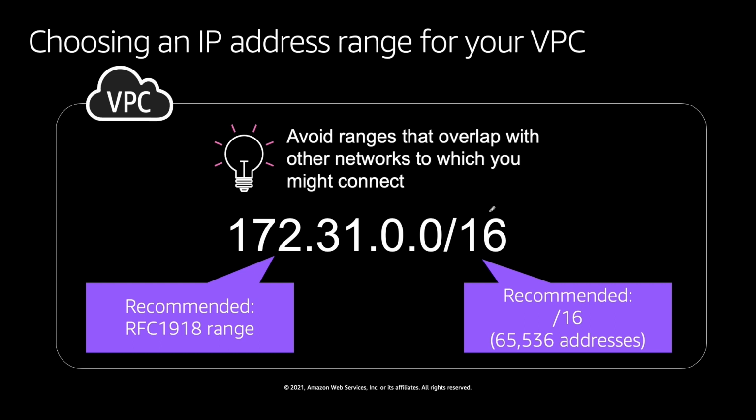But over a period of time, it might so happen that you need to create multiple VPCs, and instances or resources within one VPC need to talk to instances and resources in the other VPC. So in that case, if you have not taken all of these into consideration, like selecting the right IP addresses, you might get into situations where you will have conflicting IPs. That means the same IPs might exist in two VPCs, and they cannot communicate, right? So this is kind of a fundamental of networking. Always keep this in mind, that you should always avoid overlapping of IPs.